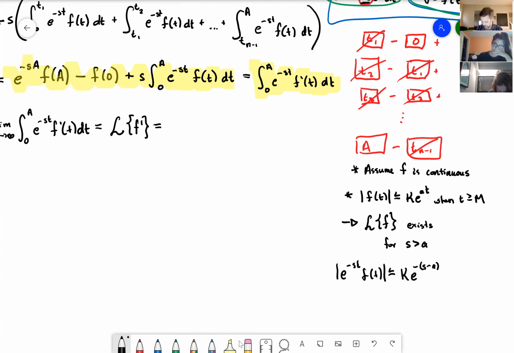So it's bounded by this one when t is sufficiently large.